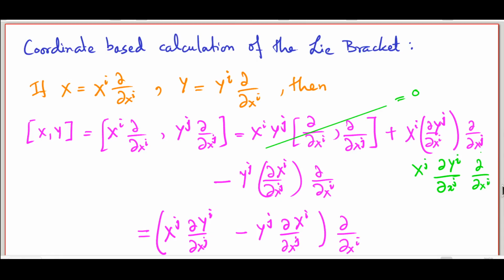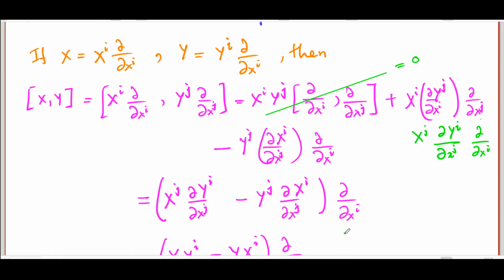This and this are of course the same expression. All you have done is interchange the two dummy indices. And when you have done that, you can take both of these two terms with the del xi common. So what you see is you end up with xj del del xj acting on yi, minus yj del del xj acting on xi. This is the expression for the ith component of the Lie bracket.